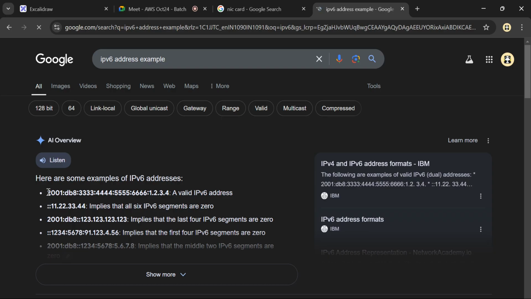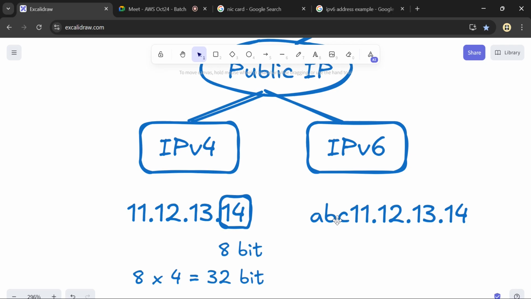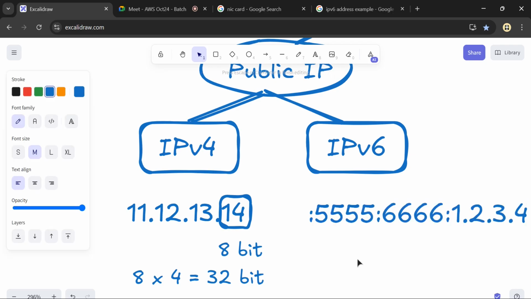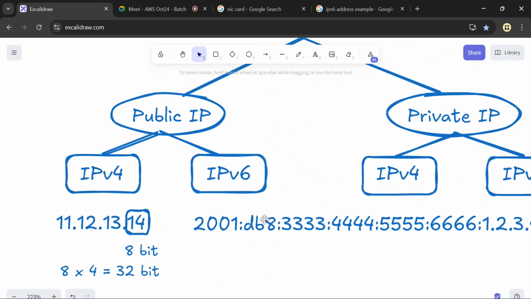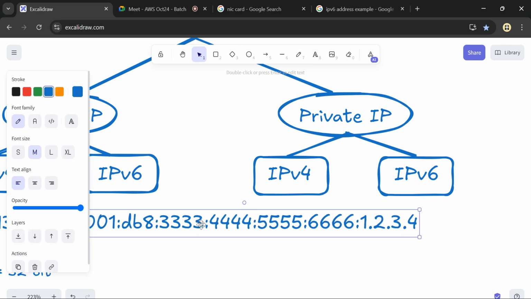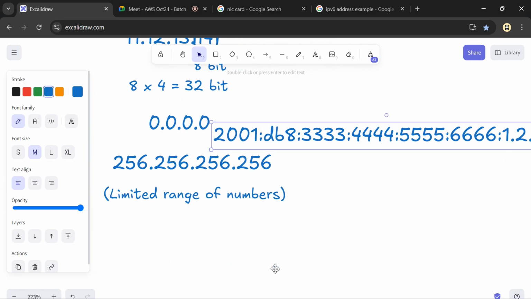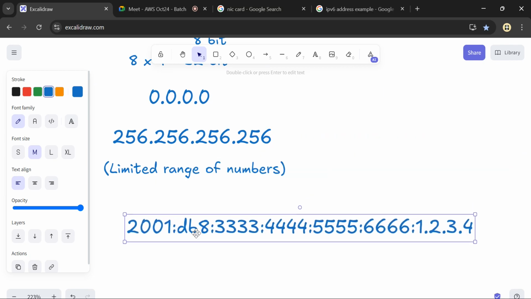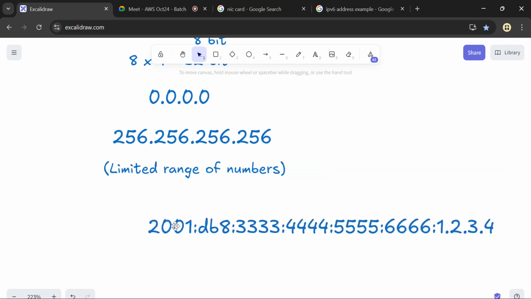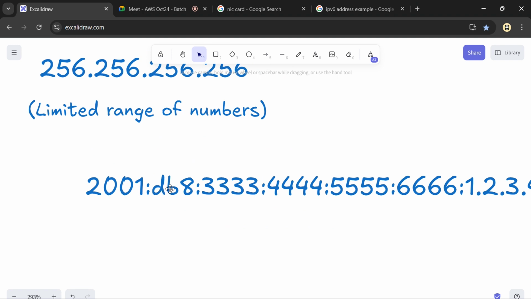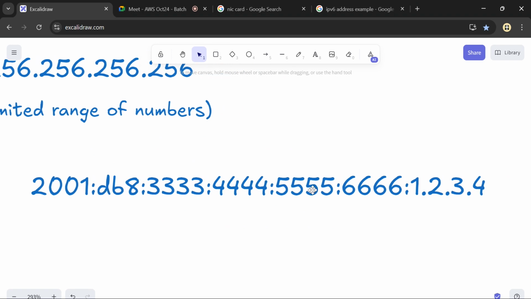So let me take this example. This is how an IPv6 will look like. And you can see here it can scale, and it is not having a limited number. It has several numbers.